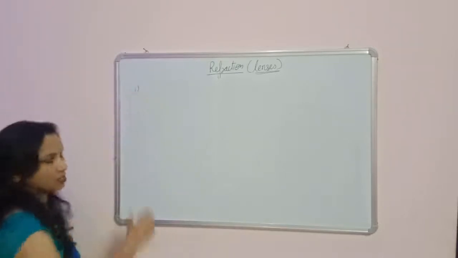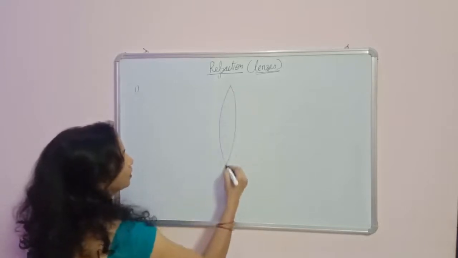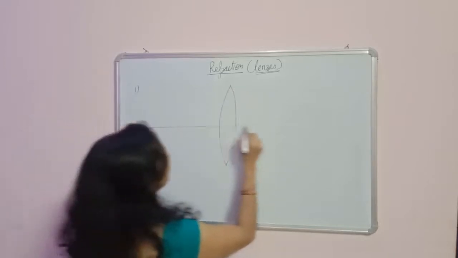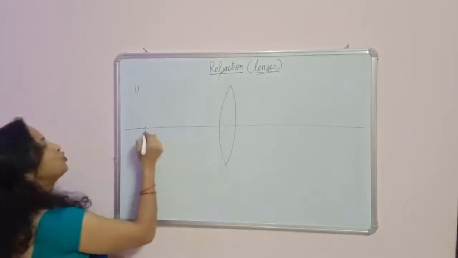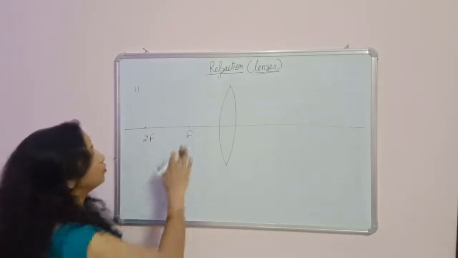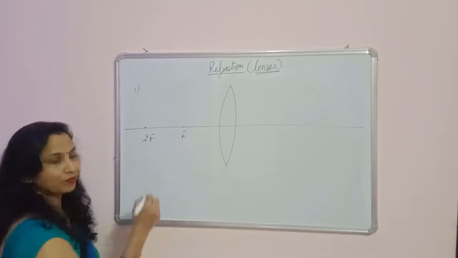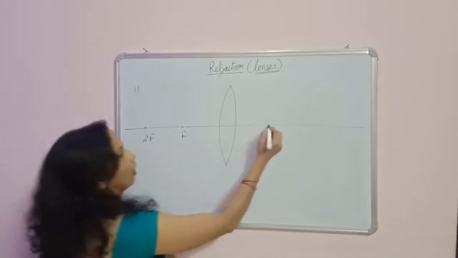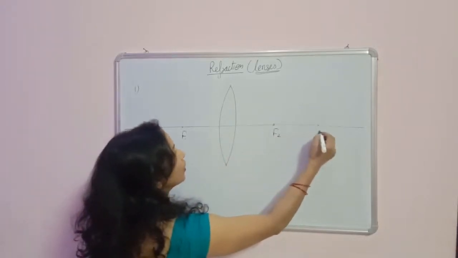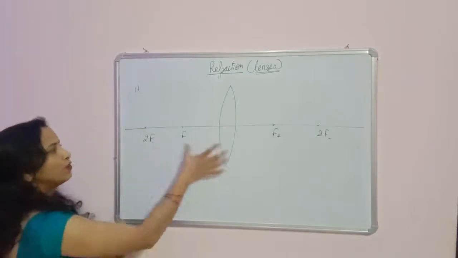The first condition is, this is the lens. You can use a compass for drawing the lens. The lens should be thin, it should not be thick. So we have 2 foci on either side. And we will also mark 2f, meaning double of this focal length.